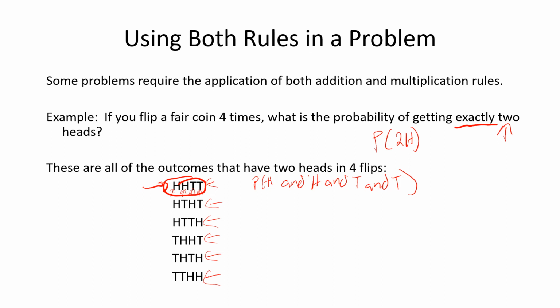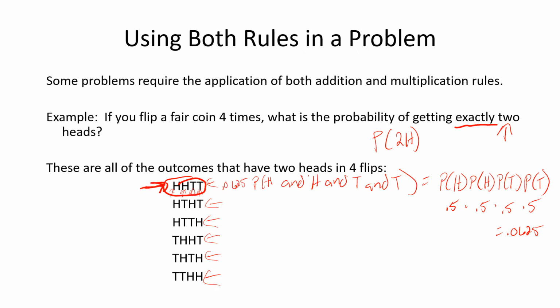So it just becomes the probability of getting a head times the probability of getting a head times the probability of getting a tail times the probability of getting a tail. Which, again, each of these is 0.5. So 0.5 times 0.5 times 0.5 times 0.5. So we get 0.0625. So the probability of getting this specific outcome right here is 0.0625.